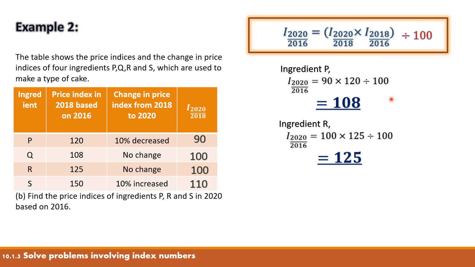Whereas for ingredient R, I will have 100 multiplied by 125 divided by 100, and I will get 125, which is the same price index in year 2018 based on 2016. As for ingredient S, I will have 110 multiplied by 150 divided by 100, and I will get the value of 165.